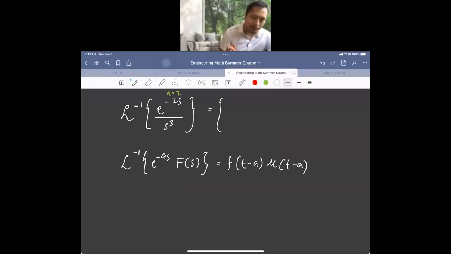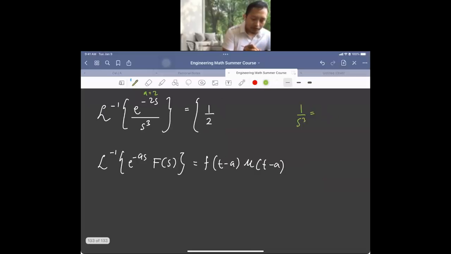But before we write the t minus 2, we can write it to clearly see the change of this s cubed, because if you have s cubed, we need at least 2 factorial to make it happen. This is the t squared. So we multiply with half, and then 2 over s cubed, and then e to the negative 2s. This is to make it clear.